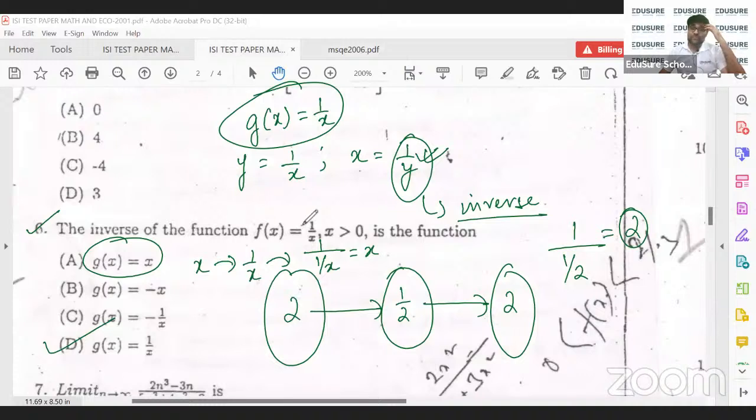I need to do the same thing, 1 divided by 1 by x, right? So 1 by x will be the inverse if I need to go back. So if I need to go back from half to 2, I need to do 1 by half. So 1 by x is the inverse.